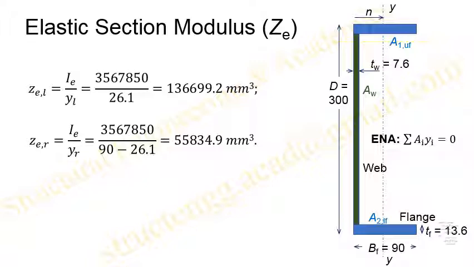Now we can calculate the section modulus using the same formula, that section modulus is equal to the second moment of area divided by the extreme fiber distance. In this case, as the section is not symmetrical, the extreme fiber distances on the left side and right side are different, and because those are different, the section modulus also has to be different. Thank you.